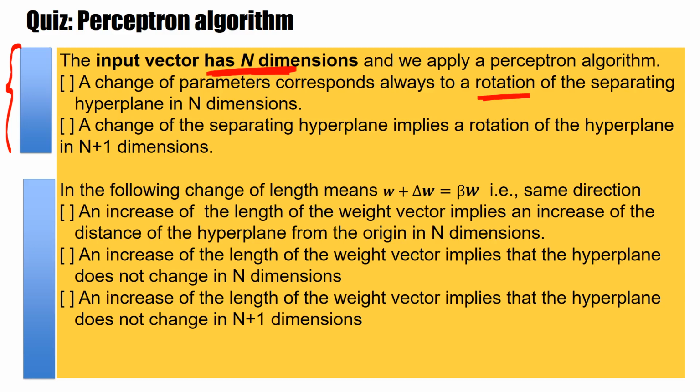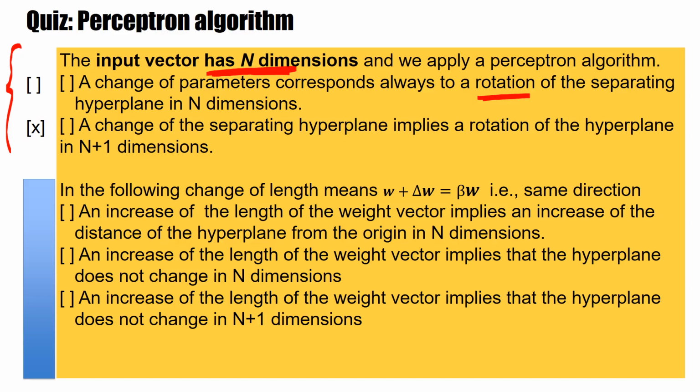And second question, a change of separating hyperplane implies a rotation of the hyperplane in n+1 dimensions. So think about it for a moment, pause the video. And here's the answer. It's in n+1 dimensions that you can describe the changes as a rotation of the hyperplane.